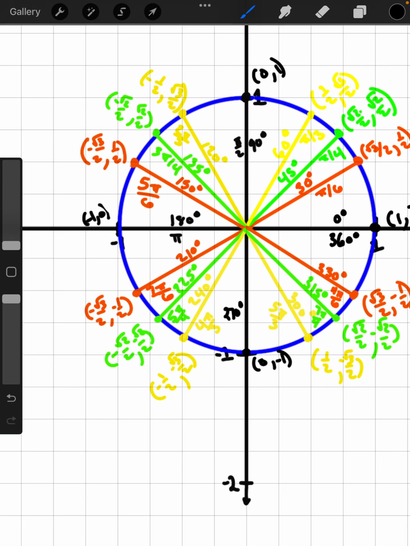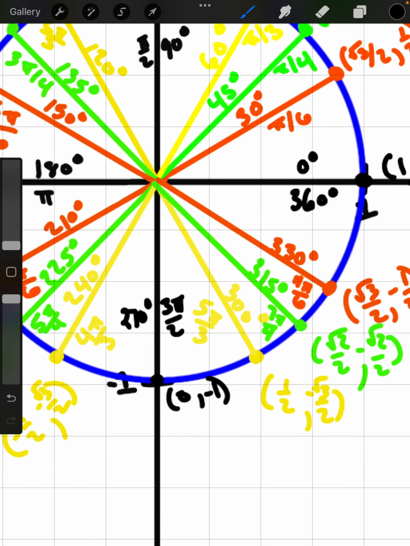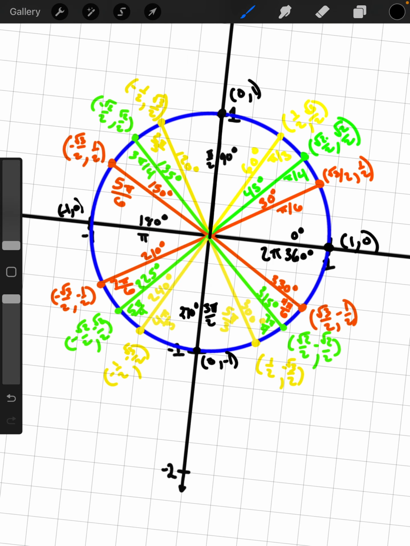So I had no pi over 2, 1 pi over 2, 2 pi over 2 would simplify to pi. So now I'm at 3 pi over 2. And if I kept going, 4 pi over 2 would simplify to 2 pi. So 360 degrees or 2 pi. So that's my entire unit circle.